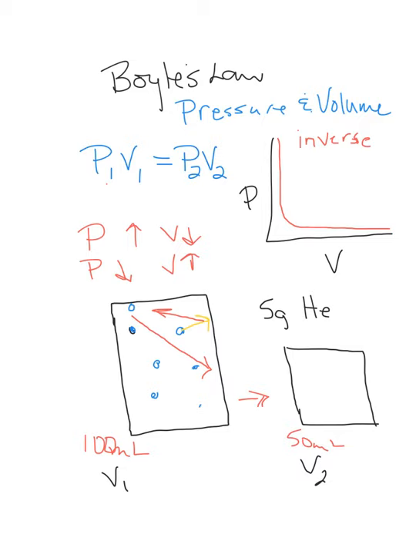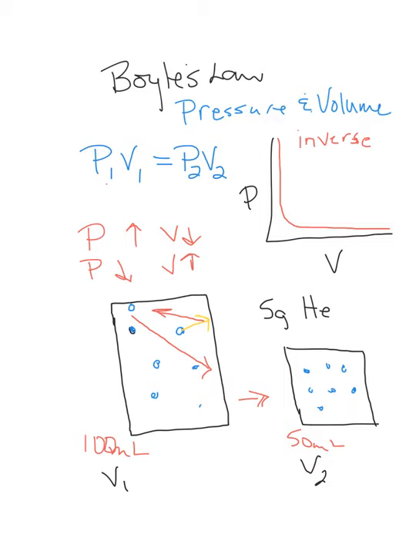This is going to greatly affect my pressure. Why? Because I still have, let's say, 1, 2, 3, 4, 5, 6, so I'm still going to use these 7 little dots, even though this is just to give you an idea. Notice I still have the same amount of mass of helium. I haven't changed my quantity. I added one too many, but you still kind of get the idea.